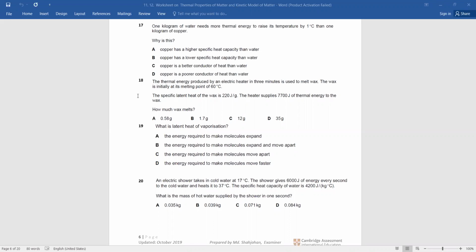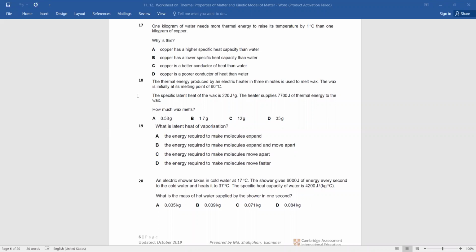Copper, sir. Kazi, your thinking is right, the way you are thinking is fine. But there is one trick. Cambridge is playing with you with the questioning.